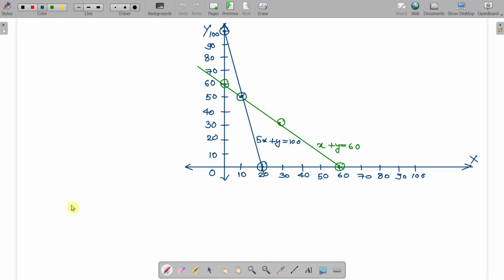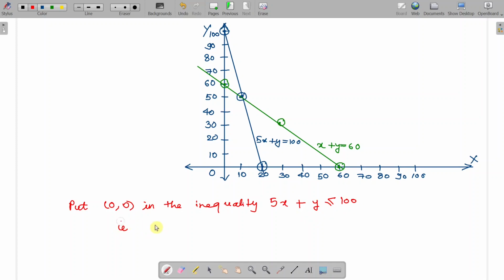So what we have to do is put 0, 0 in the first inequality, 5x plus y less than or equal to 100, right?